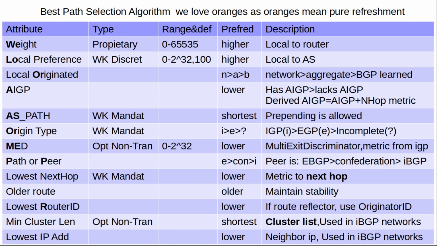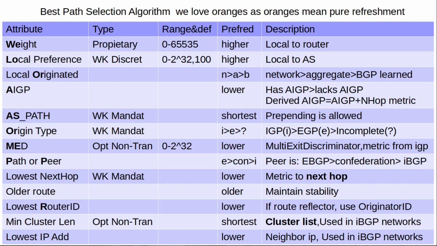With other protocols like EIGRP or OSPF, the way to choose the best prefix is usually the one that has the lowest metric. And there are other things that some protocols take into account, but by no means are those mechanisms as complex as the BGP best path selection algorithm.